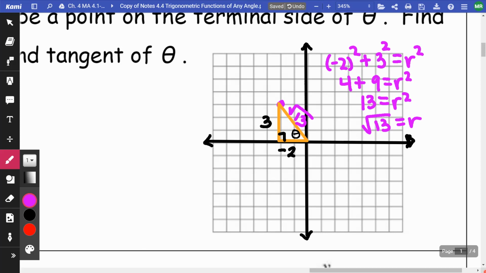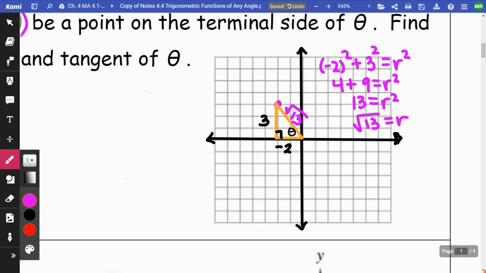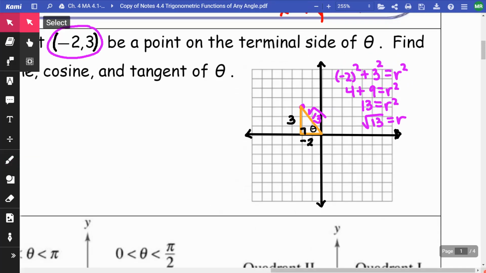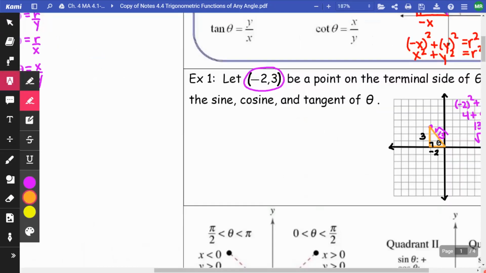Okay. So now what they want us to find is the sine, cosine, and tangent.